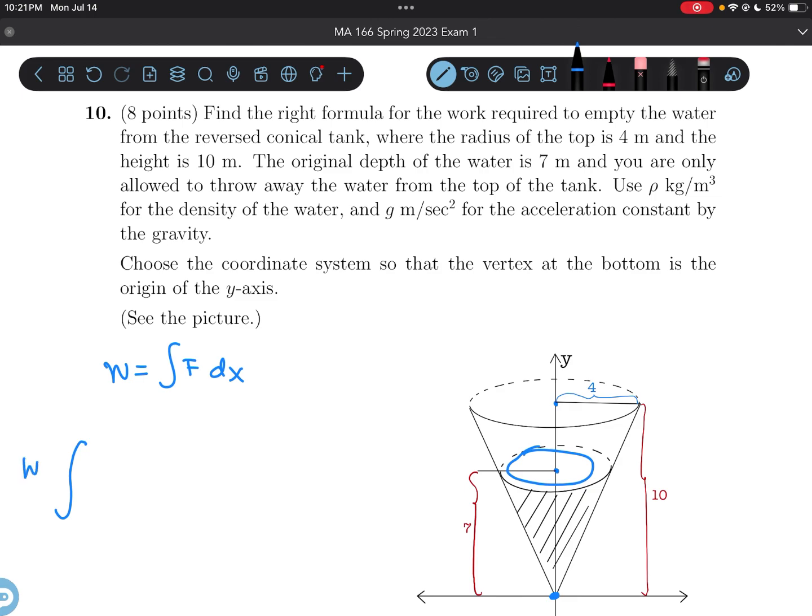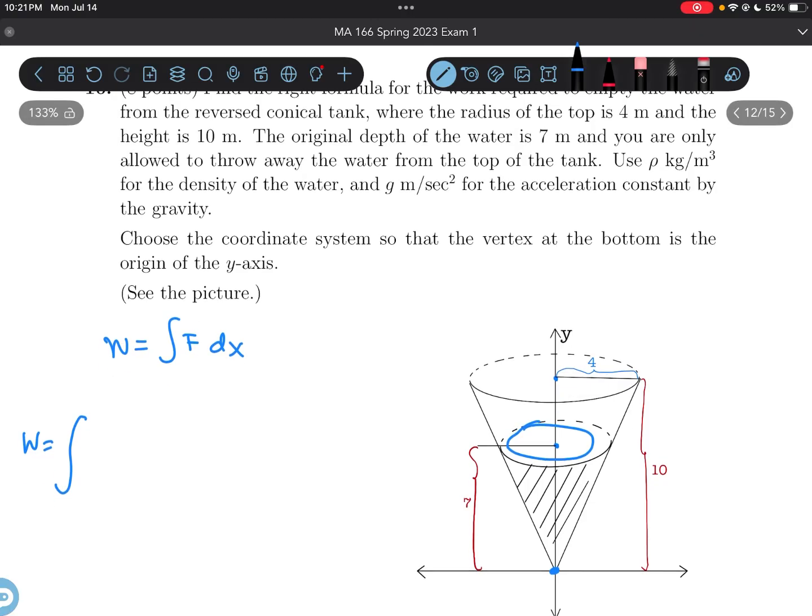So for work we're going to have the integral, and we can actually start off with the bounds first. So the lower bound is going to be 0. That's kind of obvious because that's where the water is starting from. The upper bound, an easy mistake would be to say that the upper bound is 10 because the height of the cone is 10.